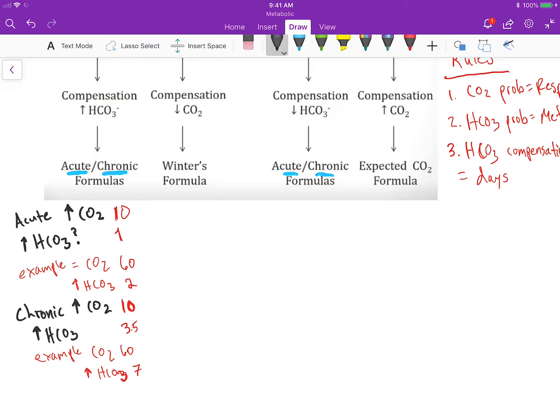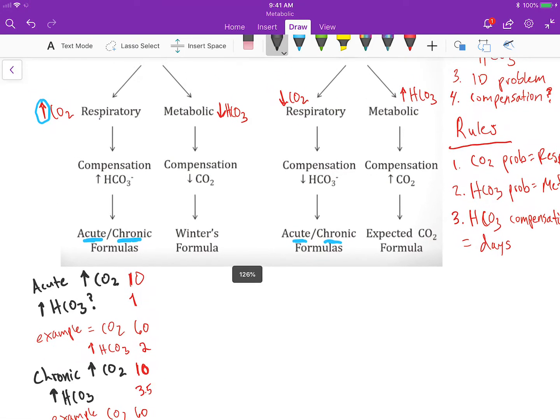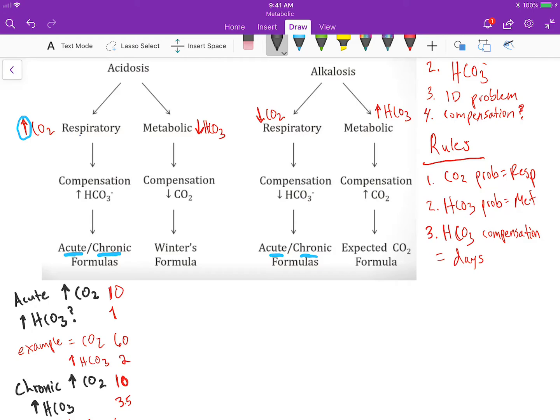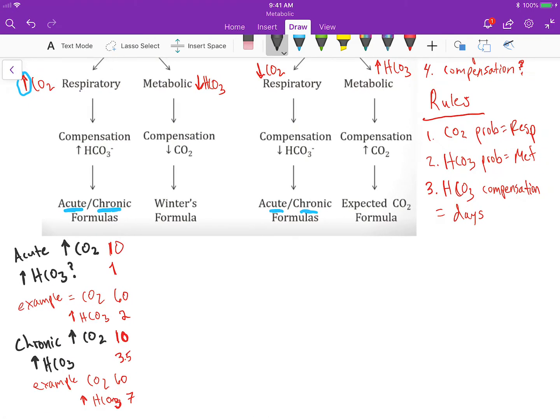Winter's formula, the old famous Winter's formula. I'm going to talk about acidosis in a completely separate video, but regardless of what acidosis you have, whether it be a non-anion gap or an anion gap acidosis, you can always apply the Winter's formula to check to see if the patient's compensating well. Okay, so what is a metabolic acidosis?